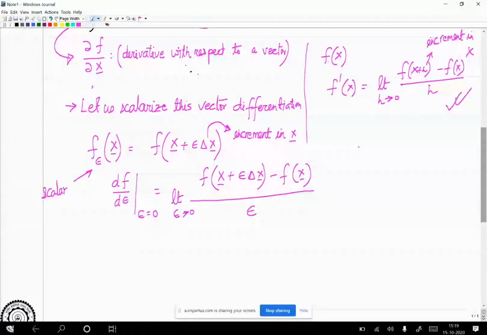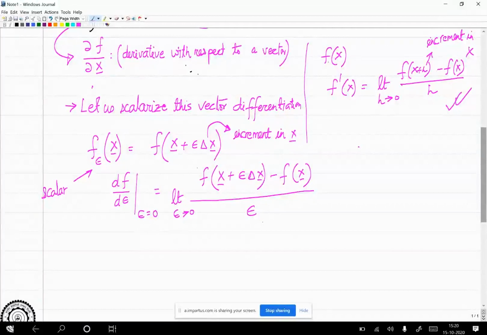Pulkit? Yes, sir. I wanted to ask in the previous step, can you please explain again, why you are putting a subscript as epsilon? Do you mean the change in that? Well, yeah, subscript epsilon just to say that it is now also a function of epsilon.